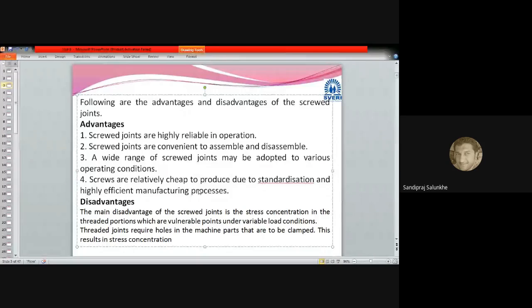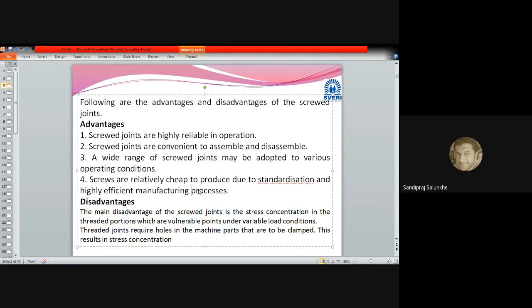Or we have to go for the higher factor of safety. We have to consider the endurance limit in case of stress concentration. In mechanical industry, we are not designing any component that will undergo only static load, but it will sustain the dynamic load, that is the load which is varying with respect to time.